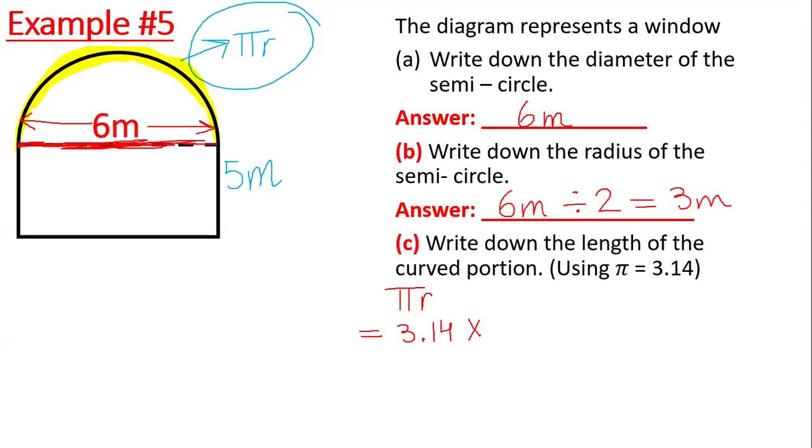times r, which is what? The radius is what? 3 meters. We already discussed that. And so what we have here is 3.14 multiplied by 3.